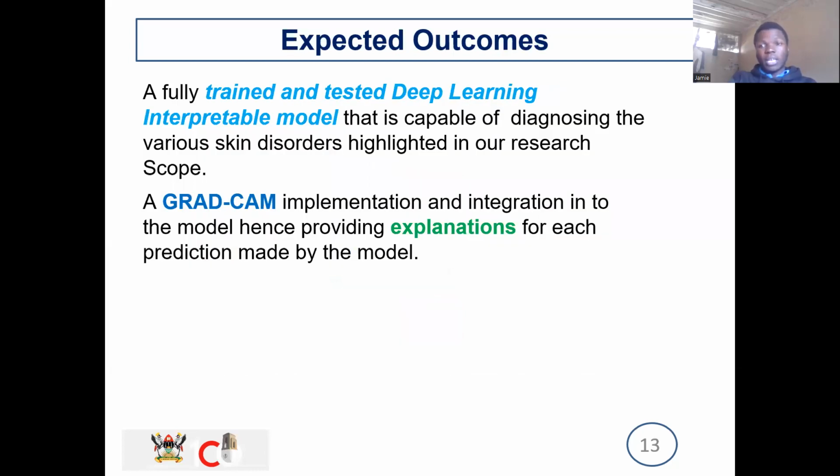Expected outcomes: we expect to deliver a fully trained and tested deep learning interpretable model that is capable of diagnosing various skin disorders highlighted in our research scope, and a Grad-CAM implementation and integration into the model, hence providing explanations for each prediction made by the model.